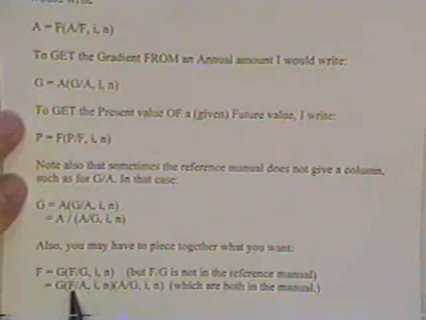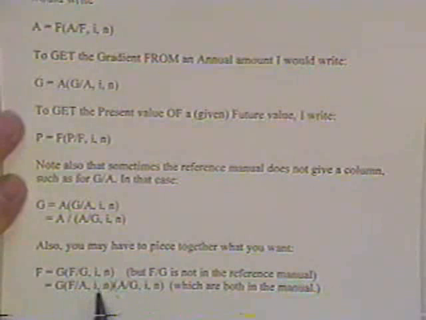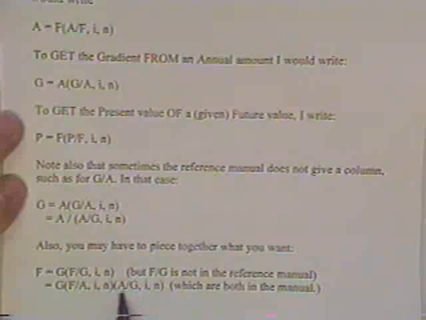For example, you do have a factor F over A, and you also have a factor A over G. Well, in this case, these two factors, you'll notice that F over A, the A will cancel the A in A over G. This A cancels this A, leaving you with F divided by G, which is the factor that you're looking for.